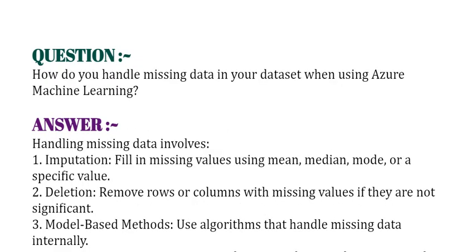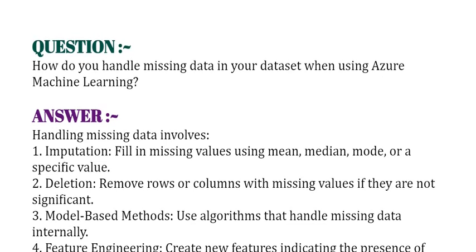Our next question is, how do you handle missing data in your dataset when using Azure Machine Learning? Your answer should be, handling missing data involves imputation. Fill the missing values using mean, median, mode or a specific value. Deletion.